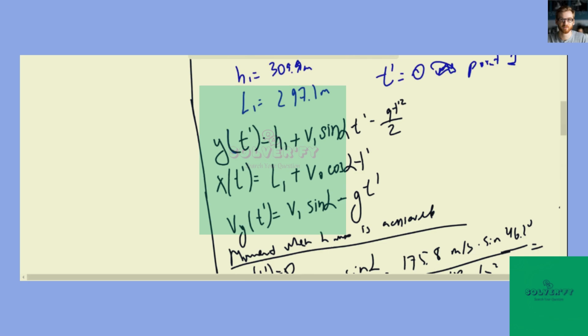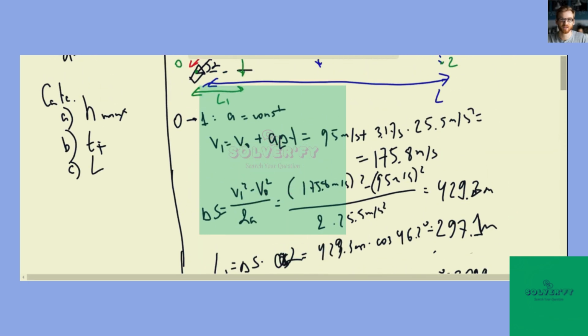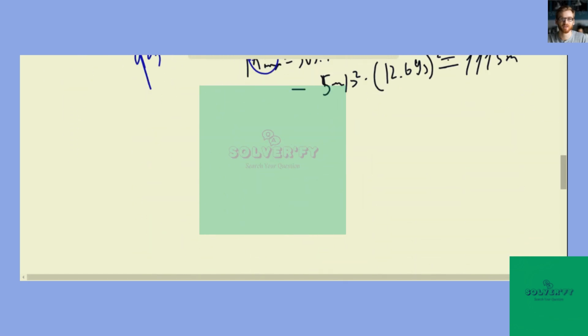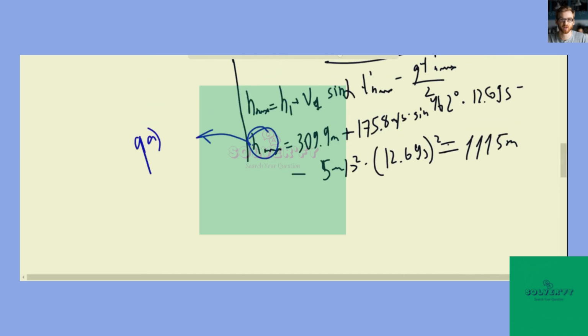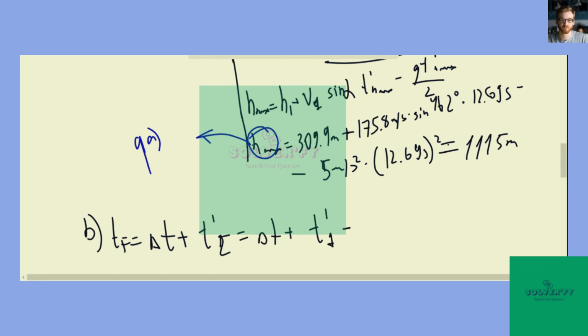Now we can solve question B, where we have to find the total time of the flight. The total time of the flight equals delta t plus total t prime, where total t prime is the sum of t1 prime plus t2 prime.